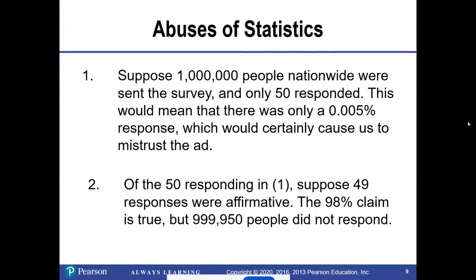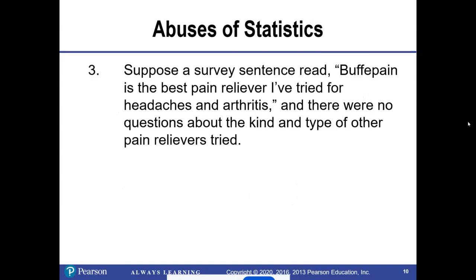Let's say of the 50 that responded in step one here, 49 responses were affirmative. The 98% claim is true, but 999,950 people did not respond. So suppose a survey sentence read, "Buffapane is the best pain reliever I've tried for headaches and arthritis."